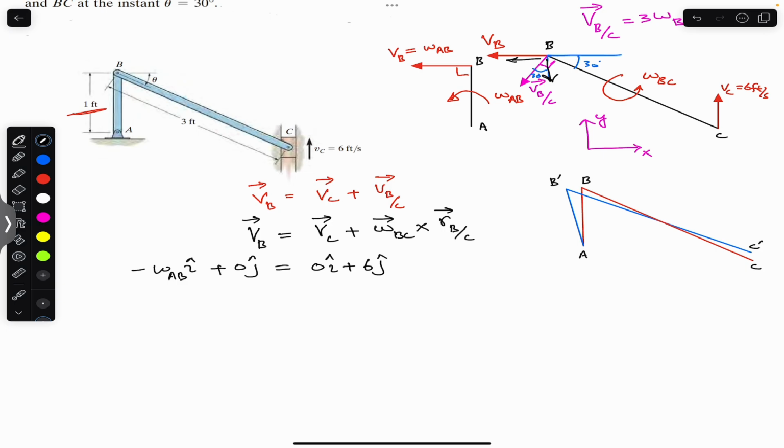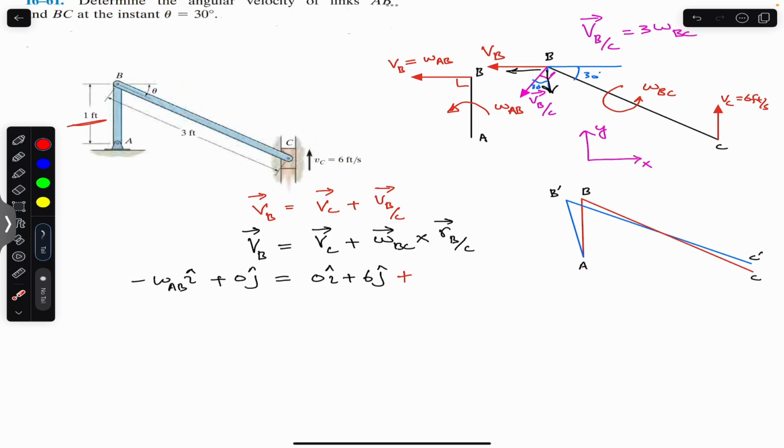So we will write 0i plus 6j, and then plus, now omega BC is in the counterclockwise direction. If you curl your right hand fingers in the direction of omega BC, the thumb will point out of the screen. Out of the screen is our positive z direction, if this is positive x and this is positive y, and it can be represented by a circle and dot.